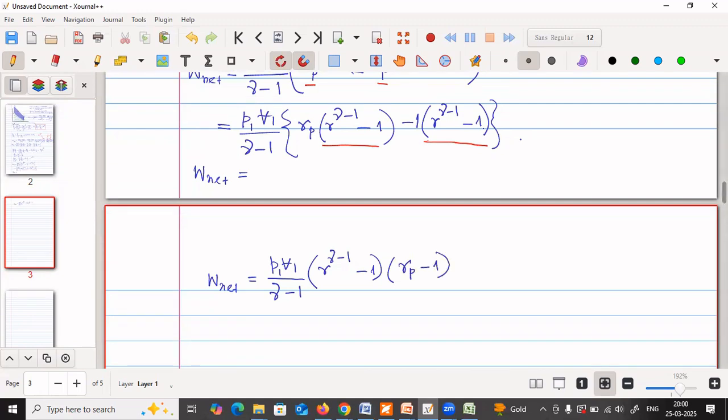So if I take R to the power gamma minus 1 minus 1, then it will be Rp minus 1. So this is the expression for work output, net work output for the Otto cycle.